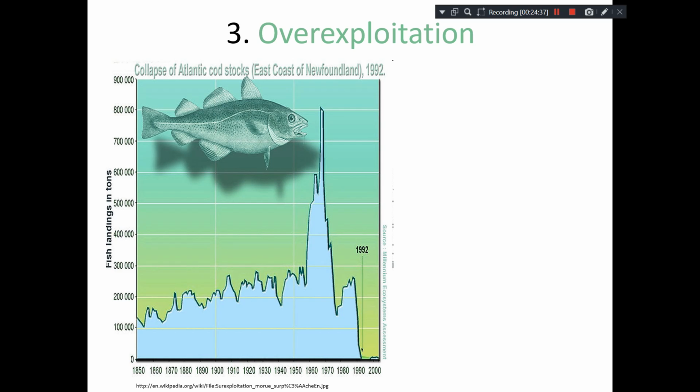They use different types of nets, starting from light fishing to purse seine, so that when they drag the net, it virtually collects everything in between.